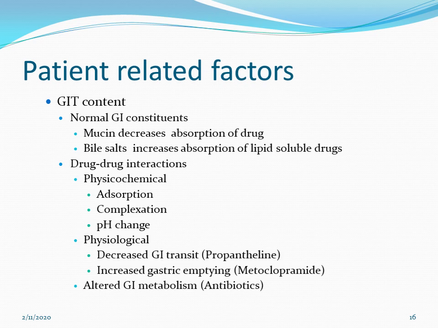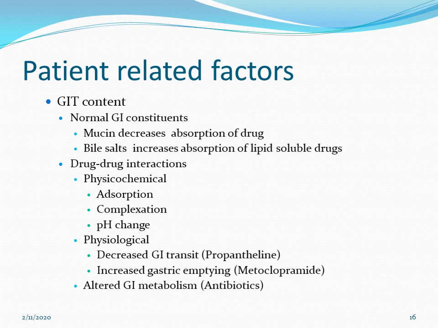In the case of physicochemical drug interaction, for example adsorption, there are certain drugs which get adsorbed on the surface and the absorption of the drug is going to be reduced. There are certain drugs which form a complex with another drug and its absorption gets altered, for example tetracycline with milk.